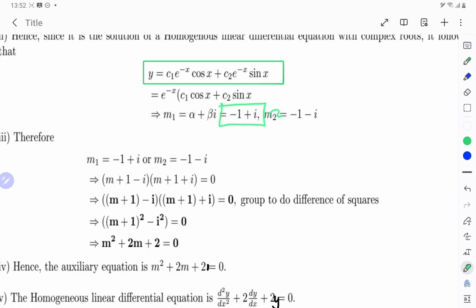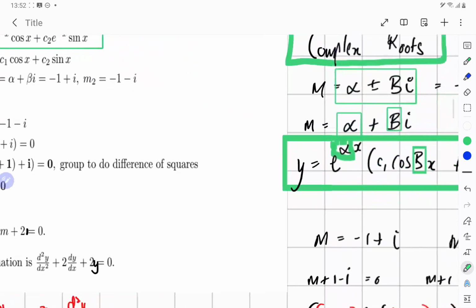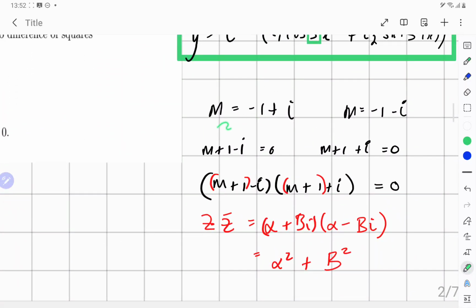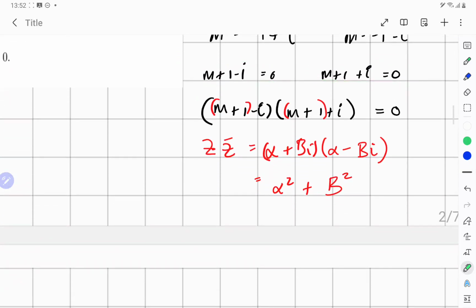So they will always be in conjugate pairs here. So now we do the following again. Since m is minus 1 plus i and m is negative 1 minus i, we take it across, we get our two factors, we times them together.